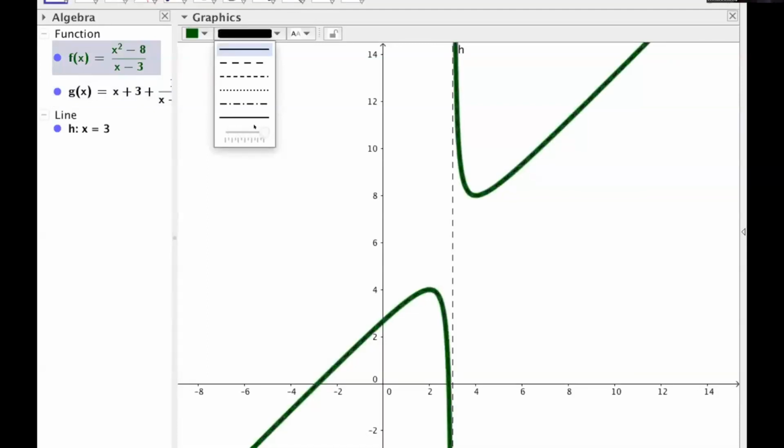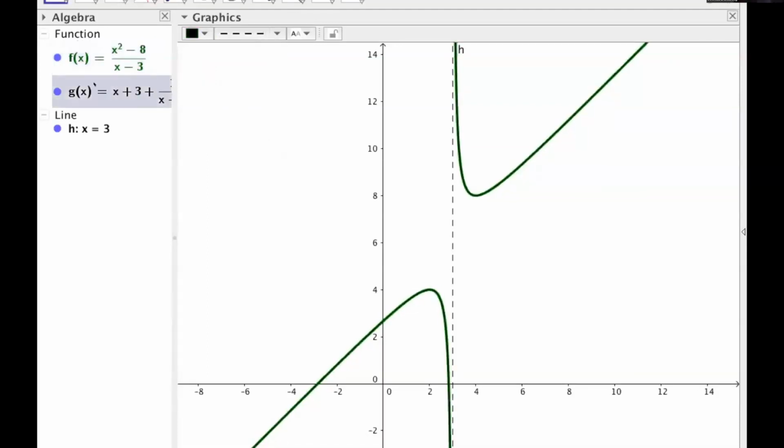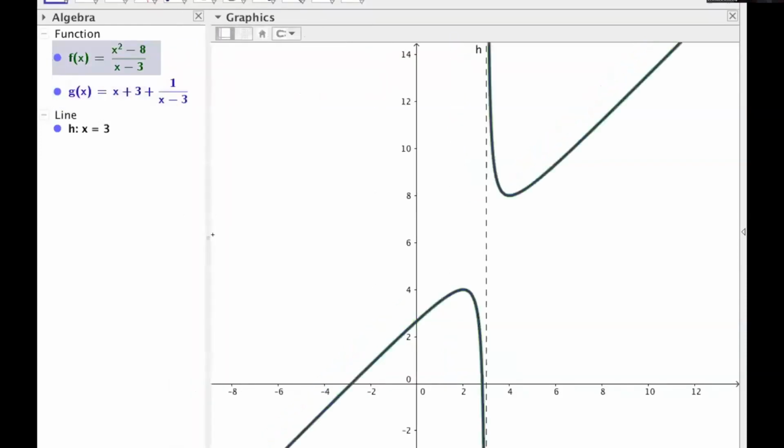There's our green function. It's a little much. And here is our black function, right? Let's make black purple. So there's our purple function. There's our green function. They're identical. So they're the exact same function, okay?